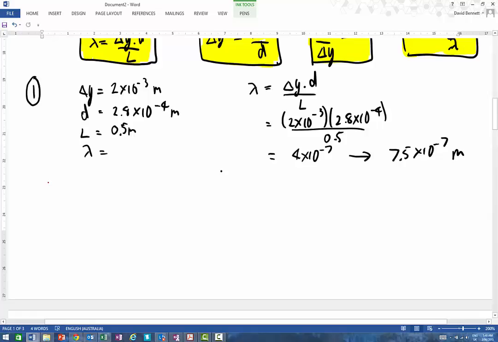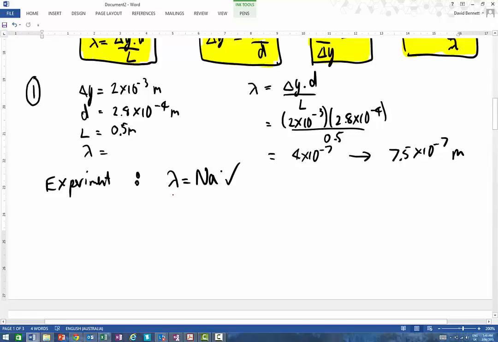The experiment has two parts. Basically, in the first part of the experiment, we're going to use a known source of light. So the wavelength is in fact sodium. It's a sodium vapor light, and we know the wavelength.